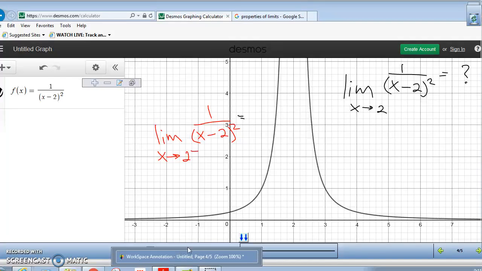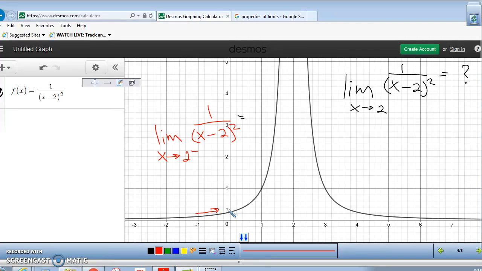So remember, we're following this path here, and we see that this thing just keeps on going up, and you notice that it does the same thing as we approach it on the right side.